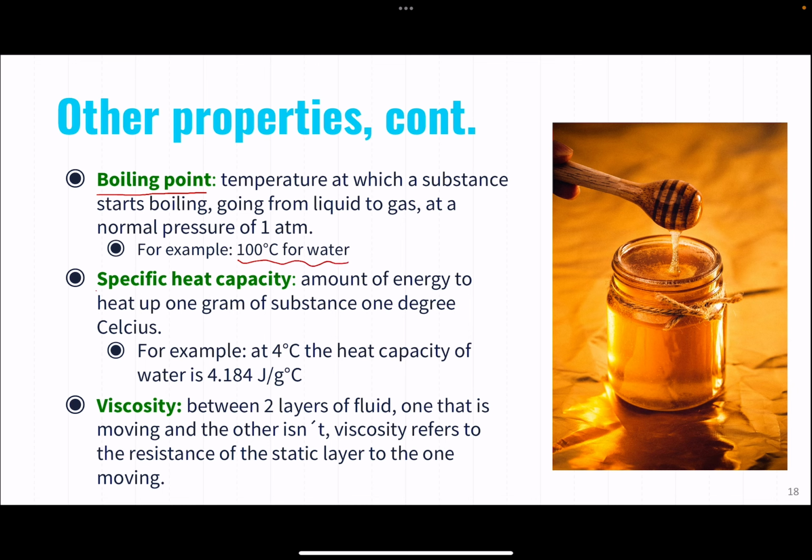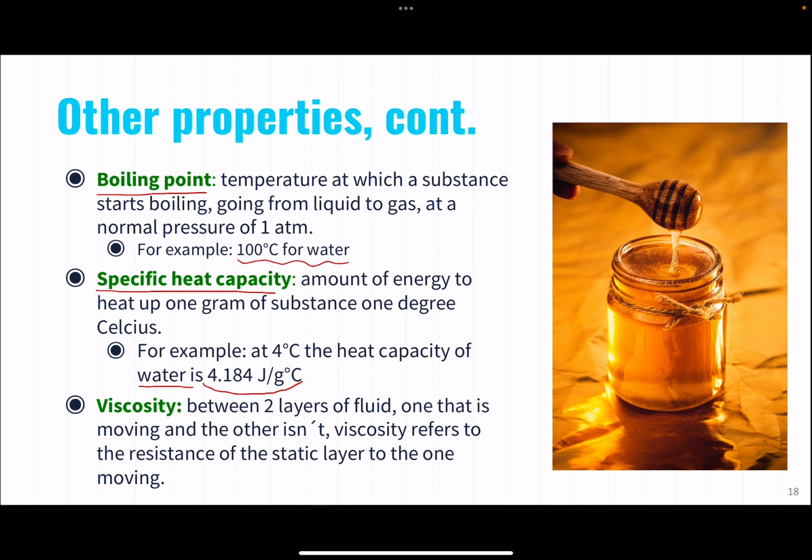We can also have specific heat capacity, which is the amount of energy to heat up 1 gram of substance 1 degree Celsius. The most famous one maybe is the one of water. So water, you need 4.184 joules per gram per degree Celsius.